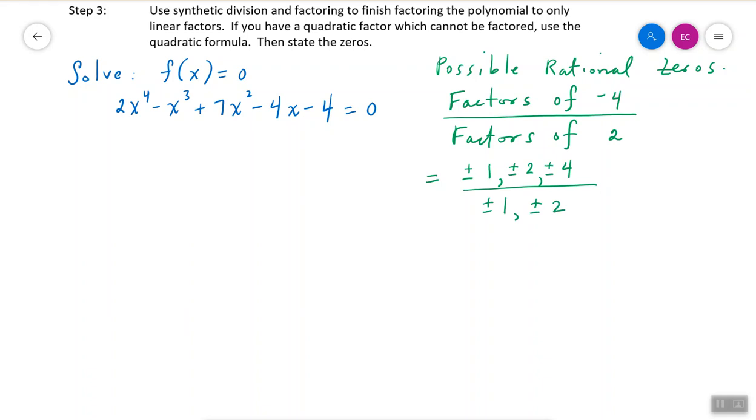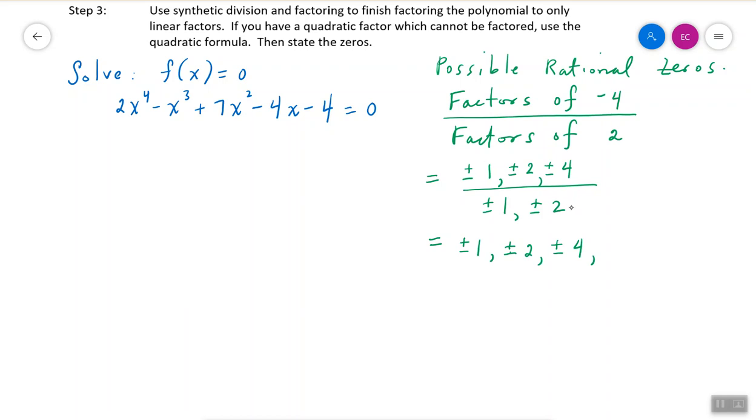And then we can just take all these combinations. So let's put 1 over 1, and then 2 over 1, and then 4 over 1.